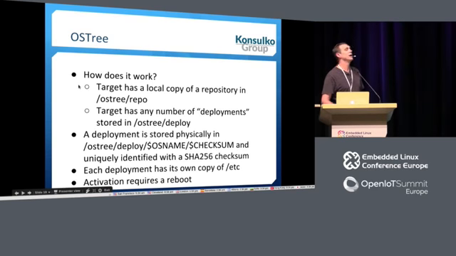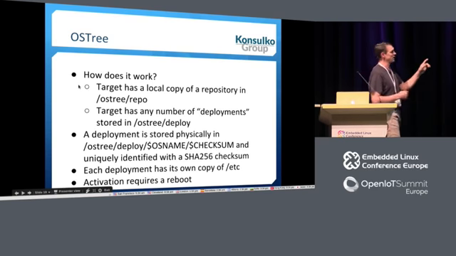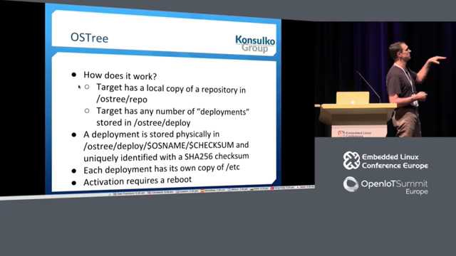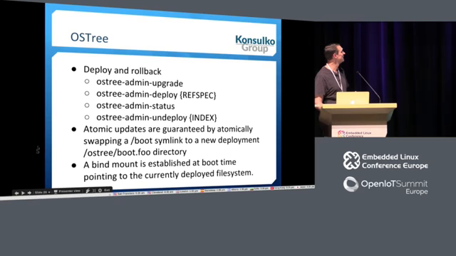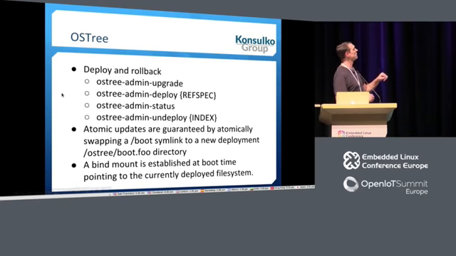All right. And the last major piece here, when you do a deployment and you want to upgrade to that new root file system, it requires a reboot, okay? And we'll explain why that is.